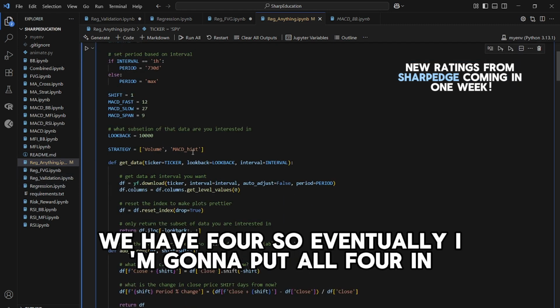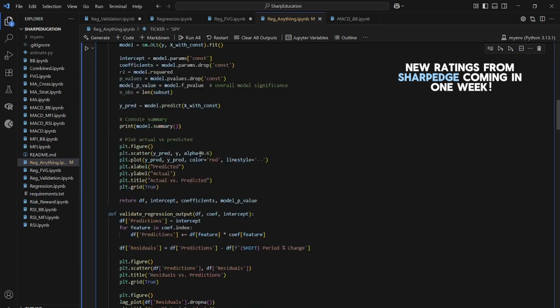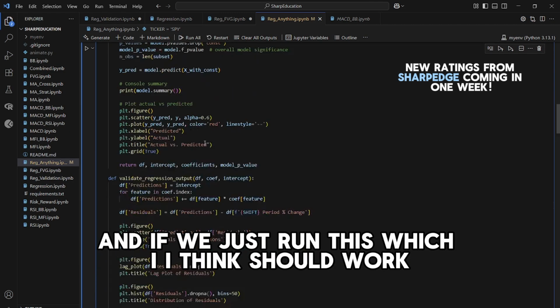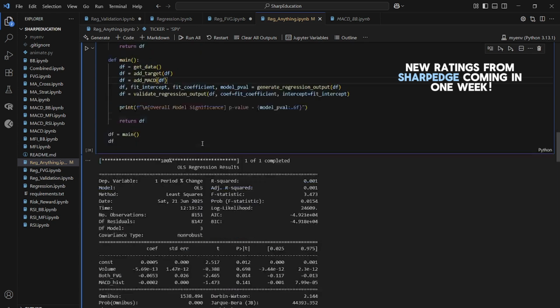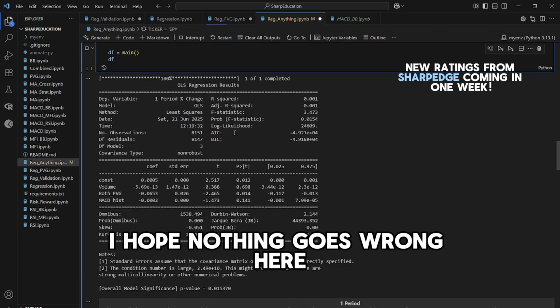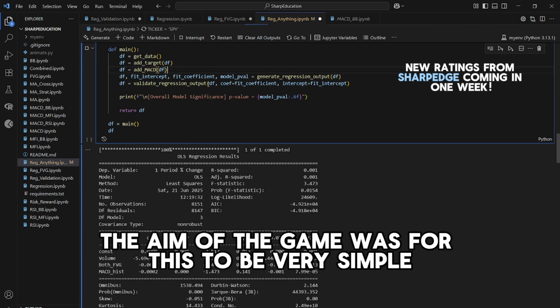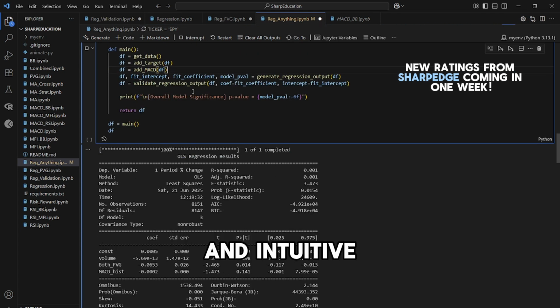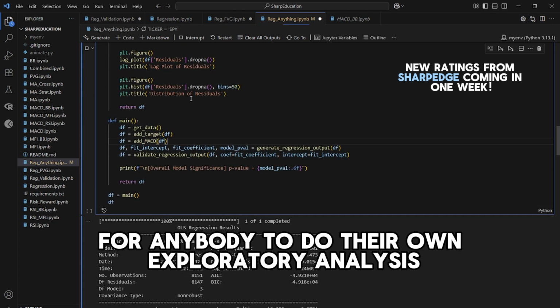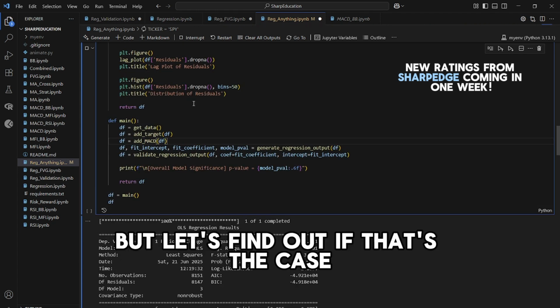We have 4, so eventually I'm going to put all 4 in. If we just run this, which I think should work based on how I've set up the code, I hope nothing goes wrong here. The aim of the game was for this to be very simple and intuitive for anybody to do their own exploratory analysis, but let's find out if that's the case.